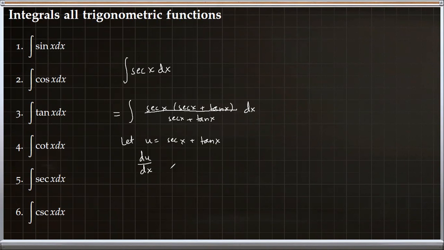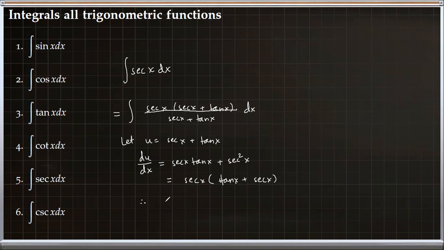So we get du over dx equals derivative of secant x is secant x tangent x plus derivative of tangent x is secant square x, which is simply secant x times tangent x plus secant x.